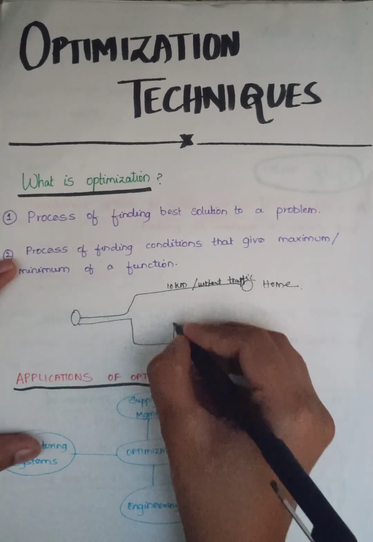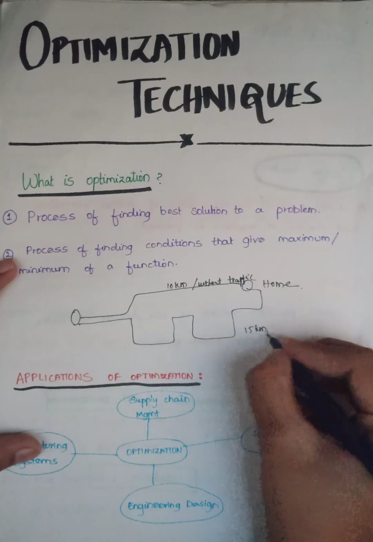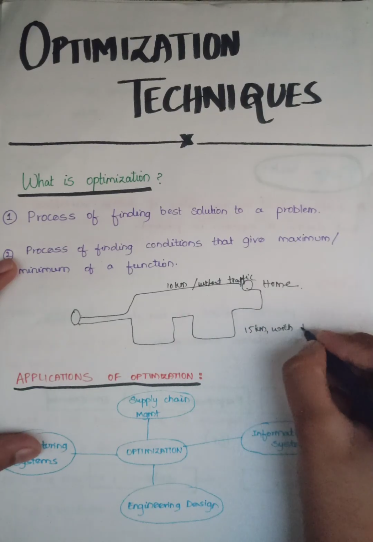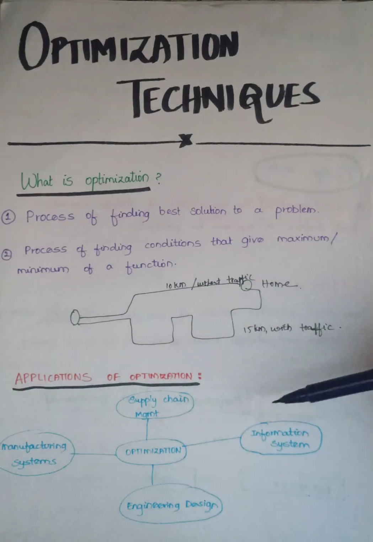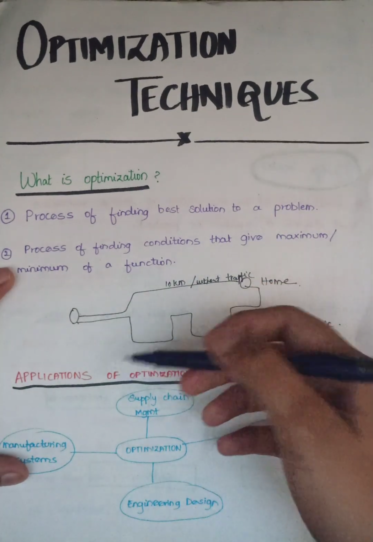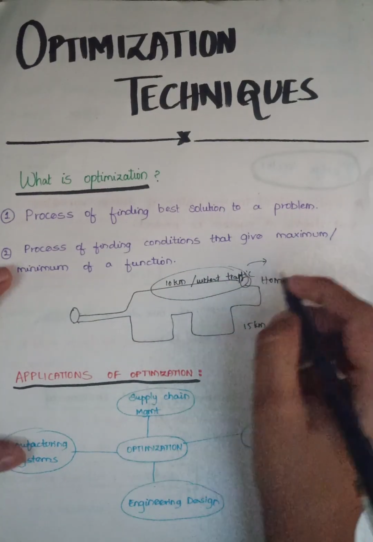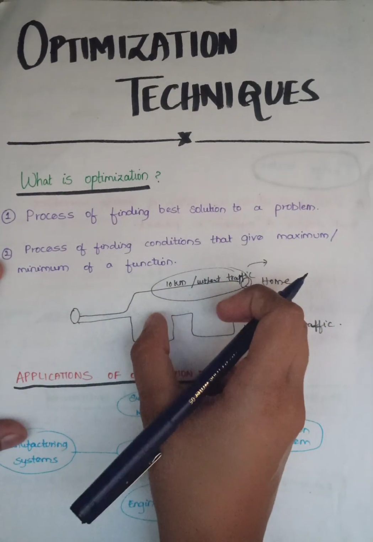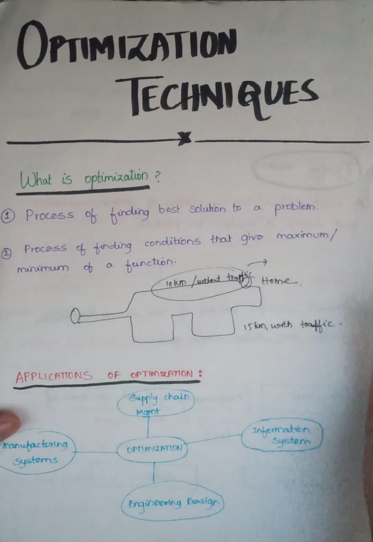And consider this is another way which is 15 kilometers and with traffic. Here we have two possible solutions for our problem of reaching home from our school. So here we may consider this as the best solution to our problem according to the given constraints or the given solutions provided, as this will take less time to reach our home.